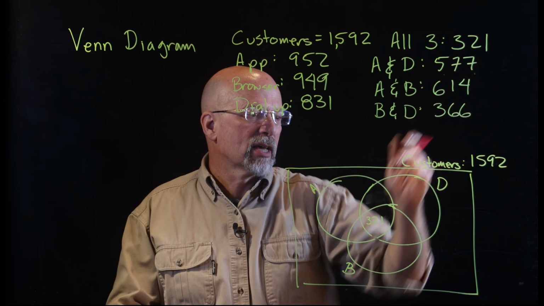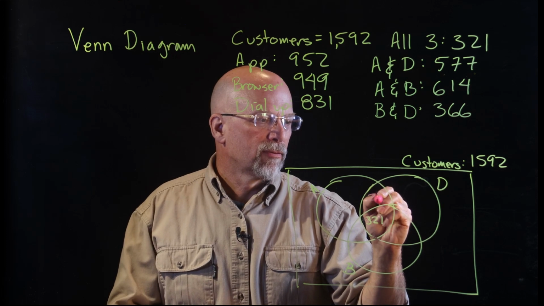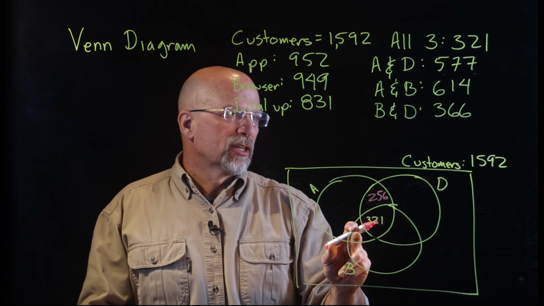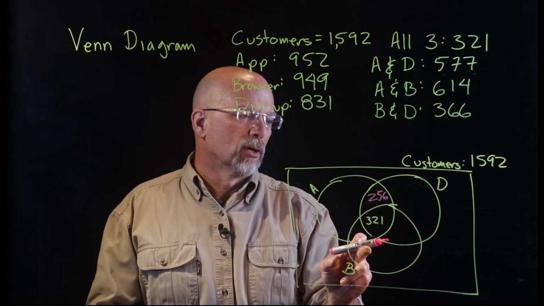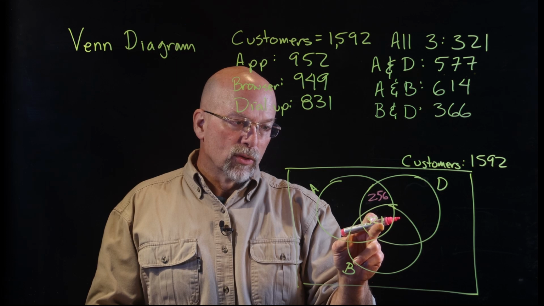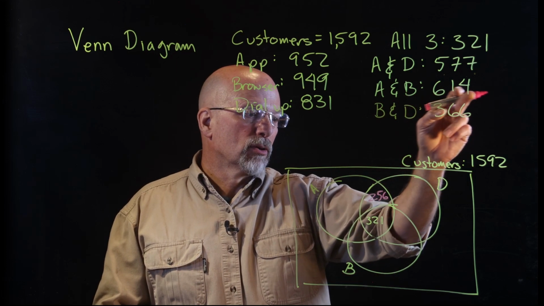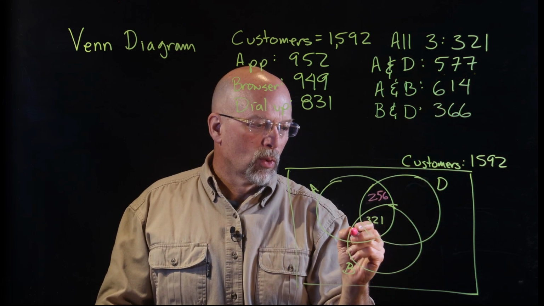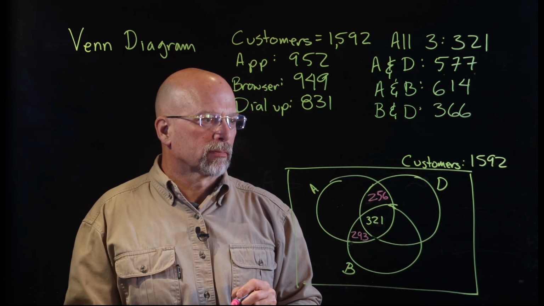So 577 minus 321 is 256. All right. Can we fill out this space? Well, yes, we know how many have used the application and the browser, and we also know how many have used the application, browser, and dial-up. So application and browser minus dial-up, that's 614 minus 321, that is 293.